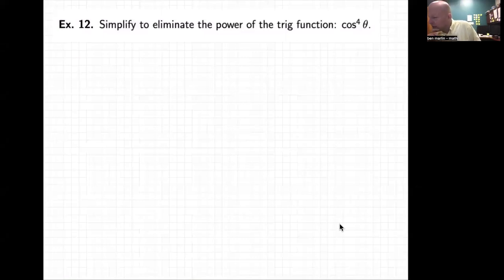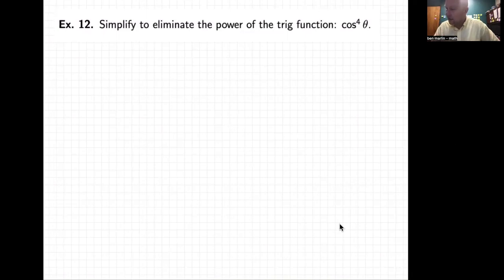All right, this one here, simplify to eliminate the power of the trig function. Now, this is actually going to take advantage of something that you may not have spotted from the half-angle identities. Sorry, let me back up. Notice here that we had cosine 2 theta equals 2 cosine squared theta minus 1.